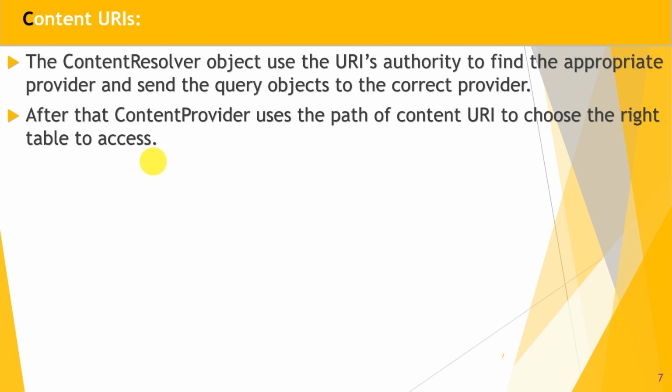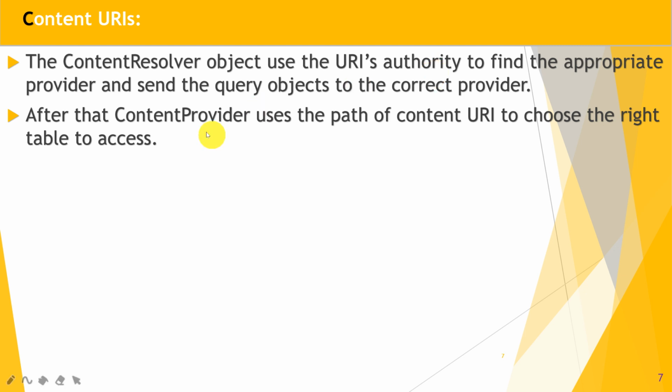Guys, hope you understand. What does the content resolver object do? It uses the URI's authority. So it checks the authority, for which authority the appropriate query is passed or sent.